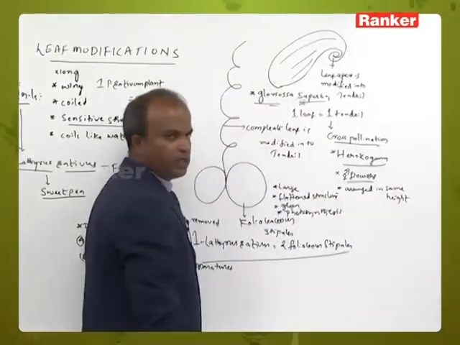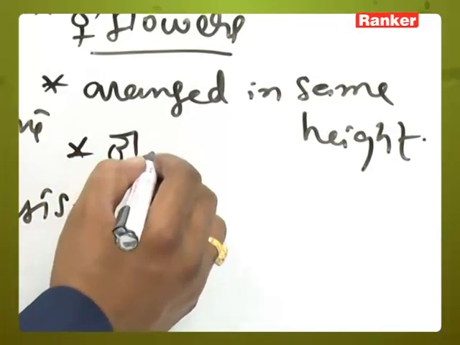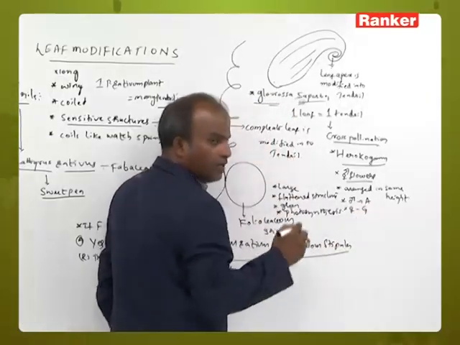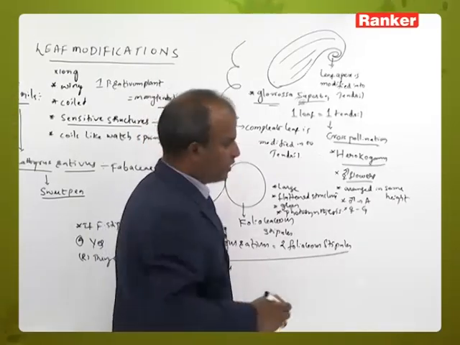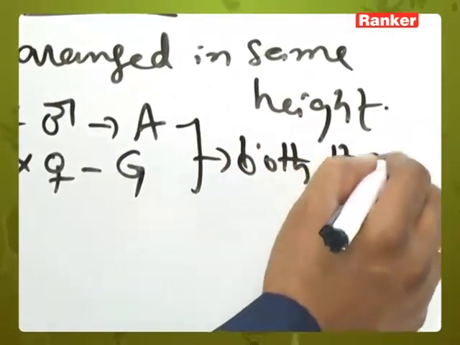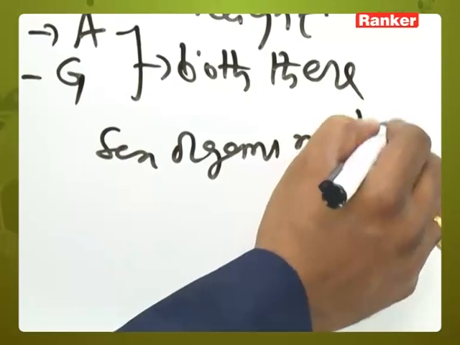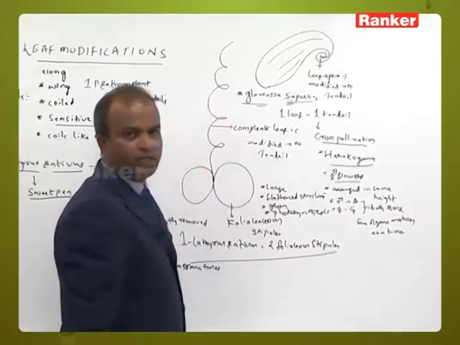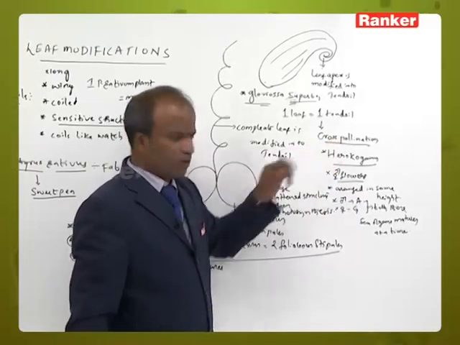Both sex organs, the male reproductive organ, the androecium, and the female reproductive organ, the gynoecium, mature at the same time. That means in this Gloriosa superba, it shows cross pollination.